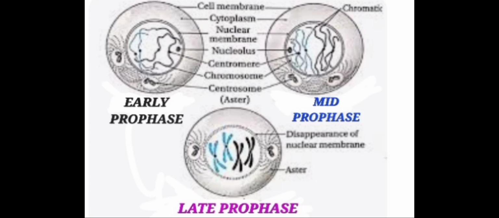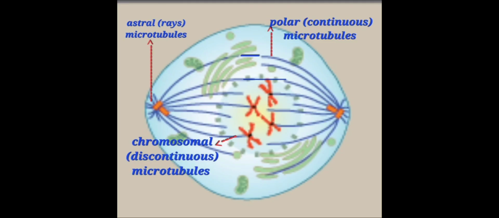The astral microtubules, which are located near the poles, aid in the spindle orientation, which is required for the regulation of mitosis. All membrane-bound organelles like the Golgi bodies, endoplasmic reticulum, and the nuclear membrane tend to disintegrate or dissociate. Prophase is quite a long phase.